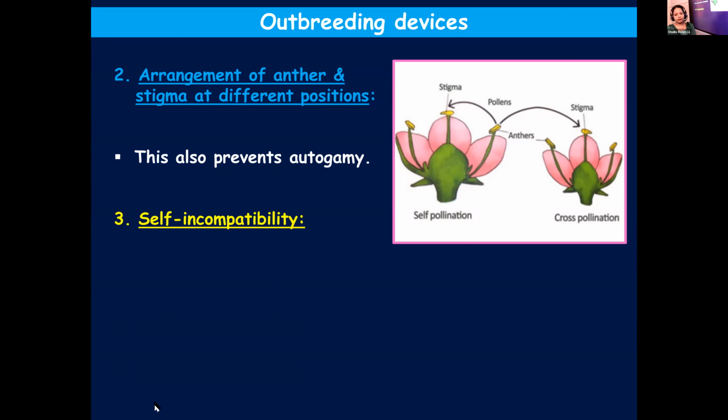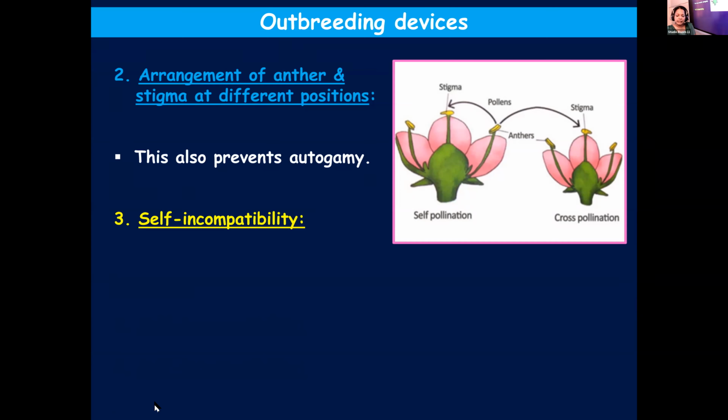Now the third method, self-incompatibility. You know that when pollen grains fall on the stigma, it can either be rejected or it can be germinated. That depends upon whether the stigma is accepting it or rejecting it.